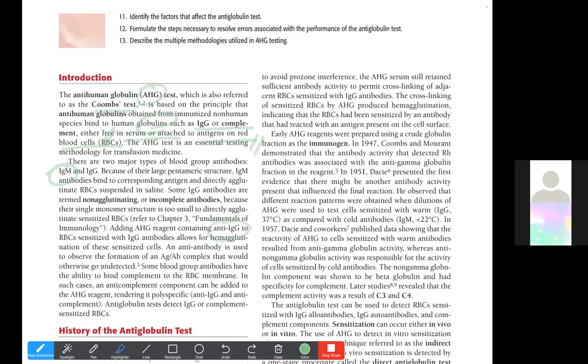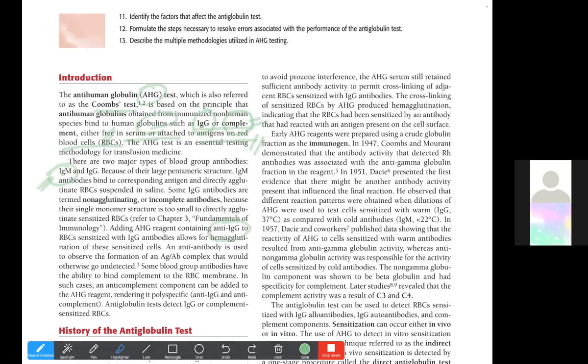It contains the anti-IgG, and it can bind to basically immunoglobulin G and the complement also. Binding to complement would be how it would be used to detect the IgM activation. So in a way, since this anti-IgG can bind both to IgG and the complement system, it can detect both these antibodies.